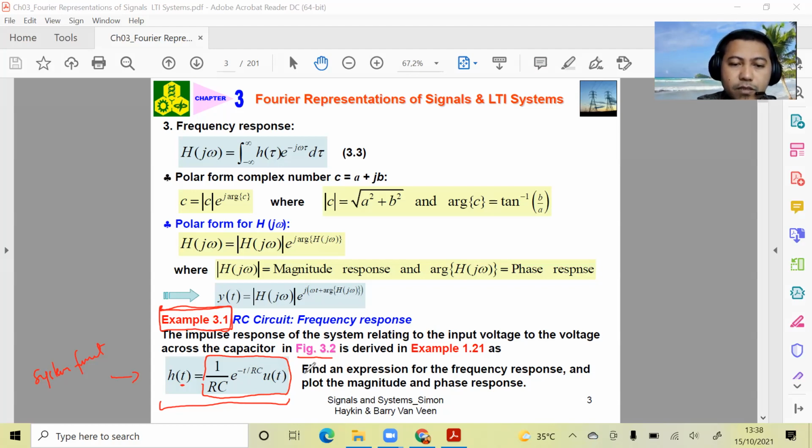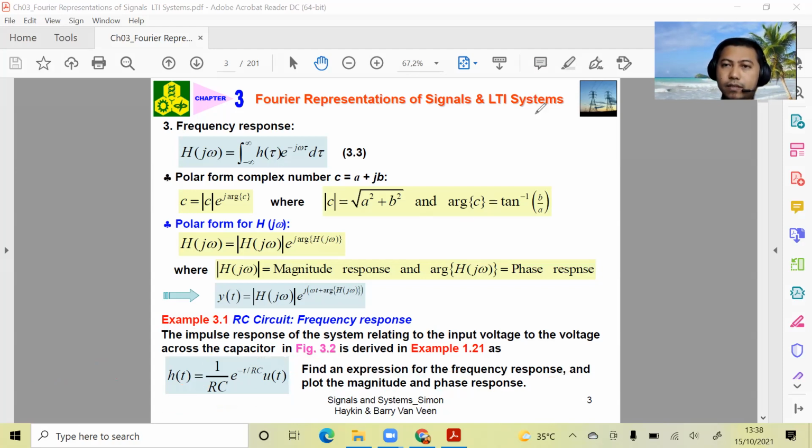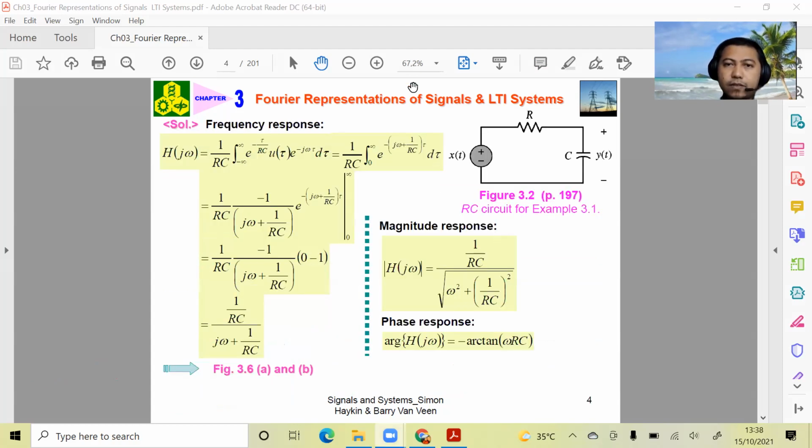The problem is to find an expression for the frequency response and plot the magnitude and phase response.